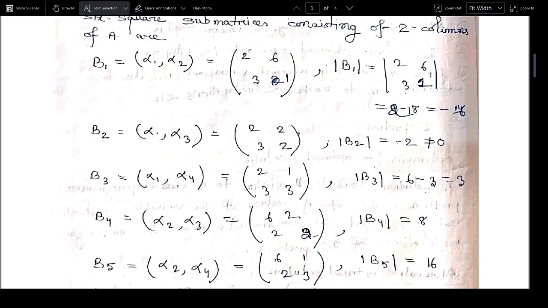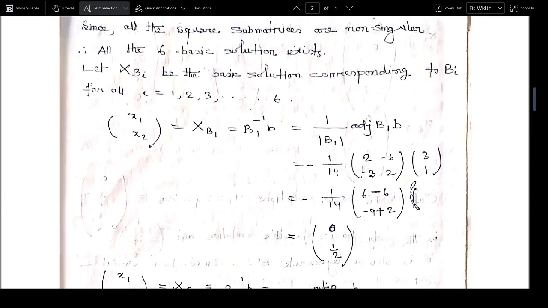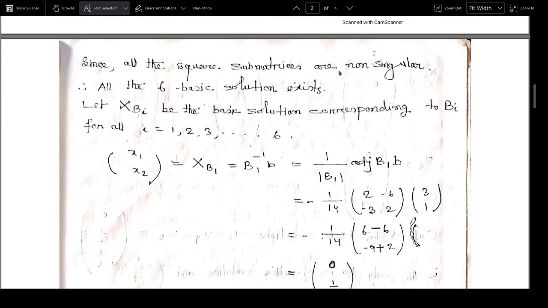So we cannot find the basic solution for this submatrix. Suppose B1 is 0 and the remaining are non-zero, then we get exactly 5 basic solutions. So these are the possible basic solutions. Clear? Yes, sir.